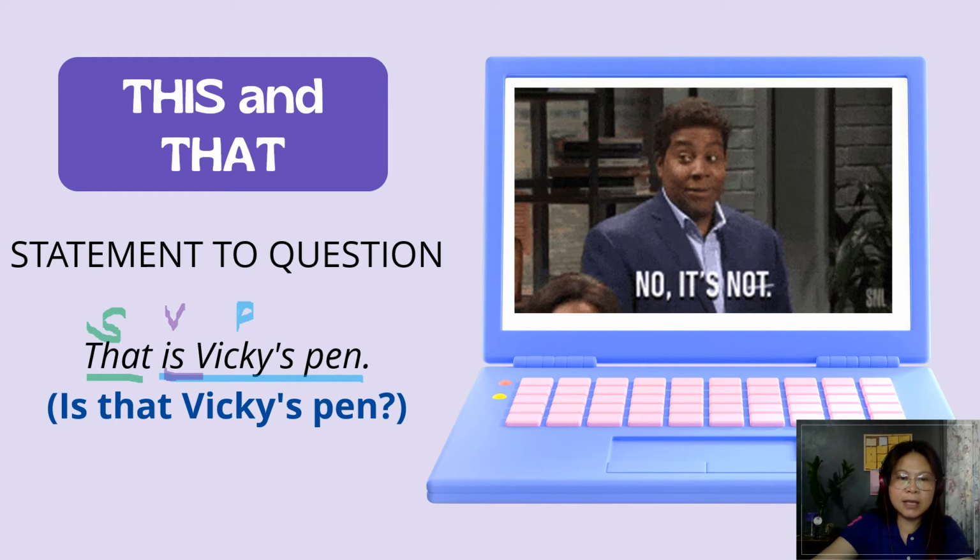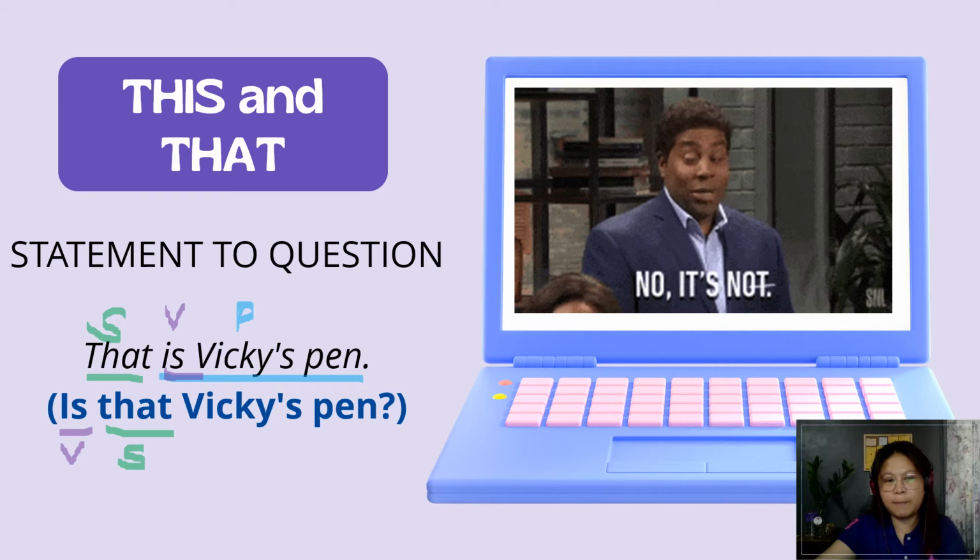So in making a statement into a question, the verb becomes the first word, then the subject comes after the verb. Is that Vicky's pen? Is is the verb, that is the subject. So there is an exchange of the words.